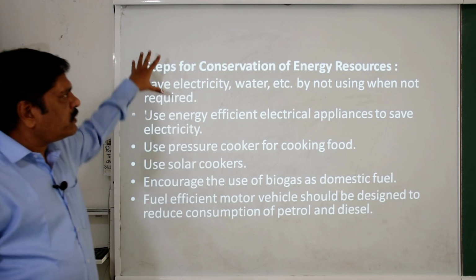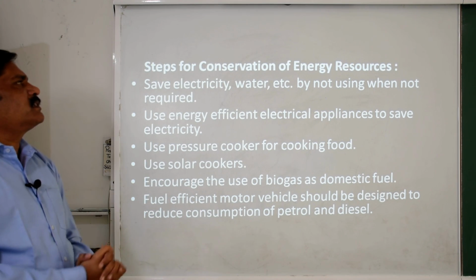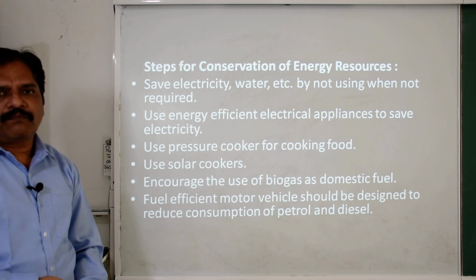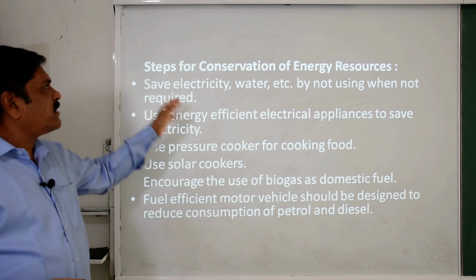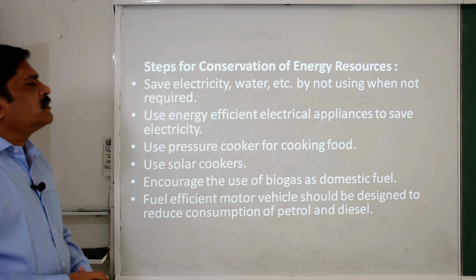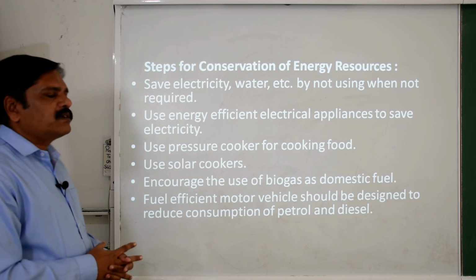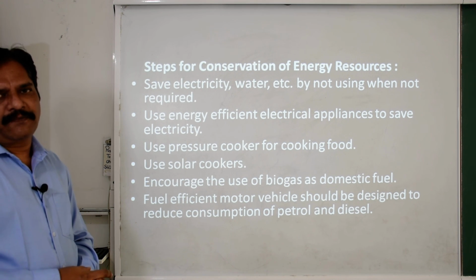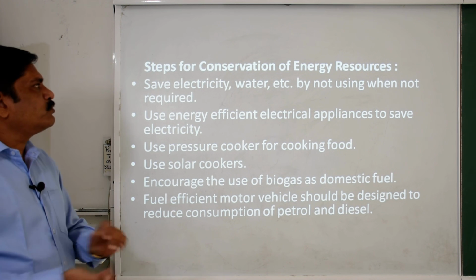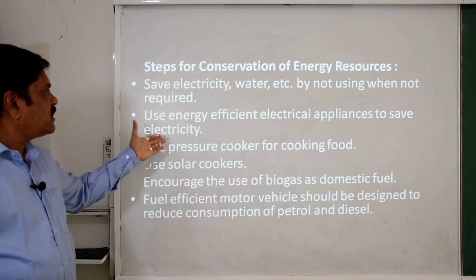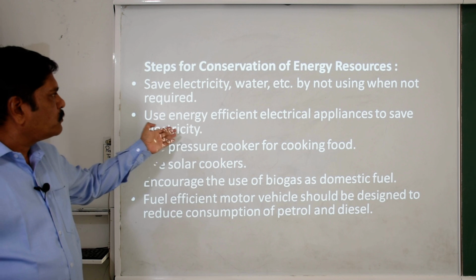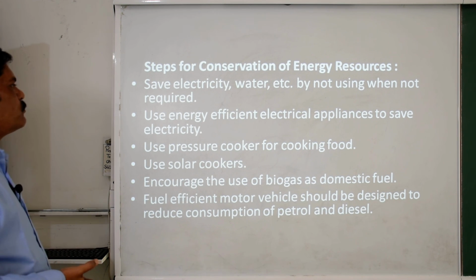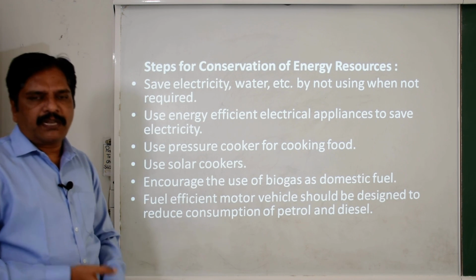So what steps should be taken for conservation of energy resources? It is quite simple to save electricity and water by not using them when not required. This is the most important one: no unnecessary use. Use energy efficient electrical appliances to save electricity.